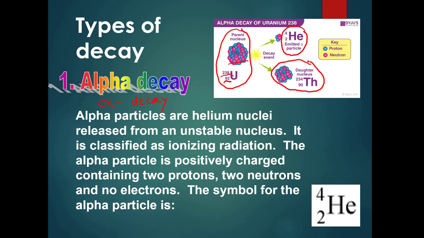Okay, so what happens? The helium nuclei has the mass number 4 and the atomic number 2. So when the daughter nucleus forms, it will have 4 less mass number and 2 less protons. Okay, so 238 minus 4 is going to be 234, and 92 minus 2 is going to be 90.